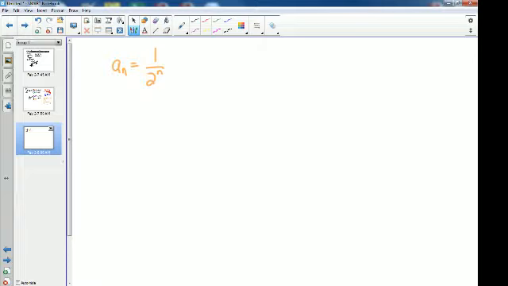What was the limit as n approaches infinity of a sub n? Yeah, you'd have to switch it, if you were writing it out properly. But what is the answer?